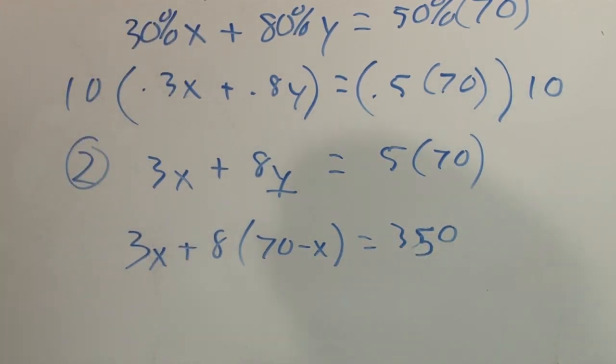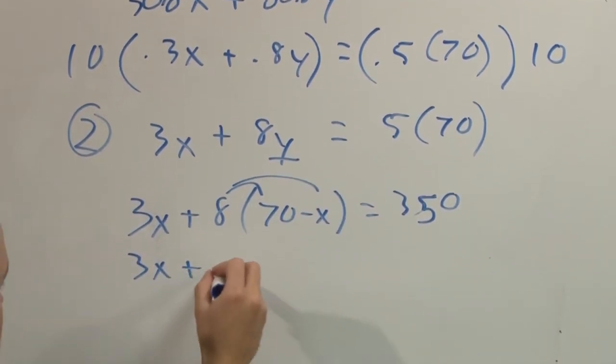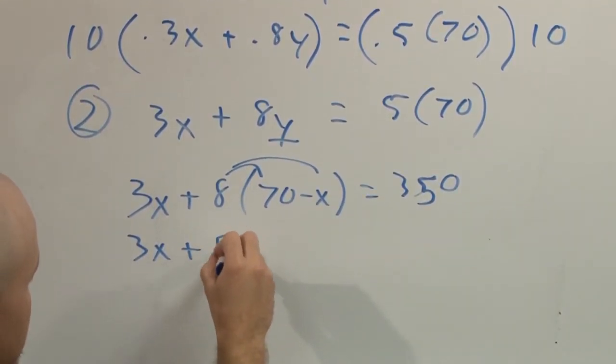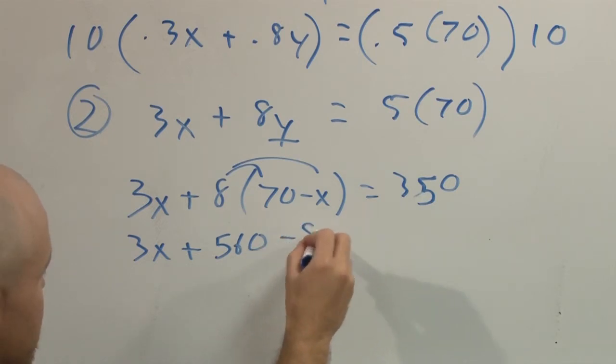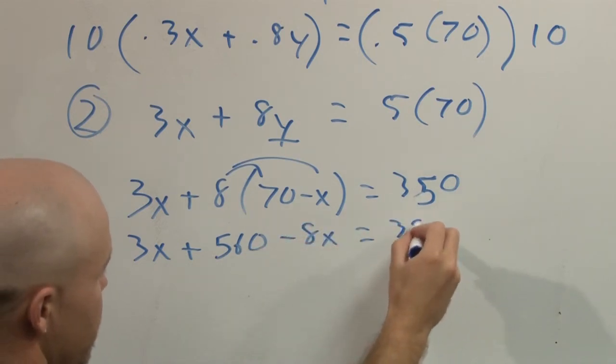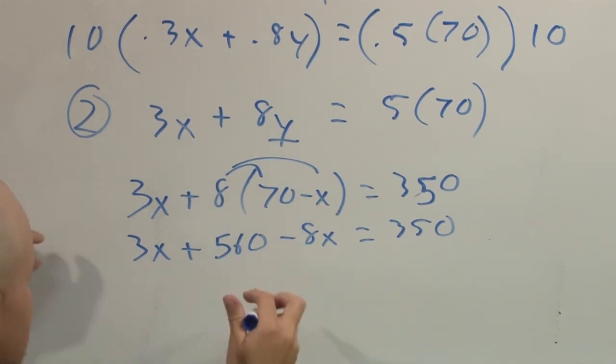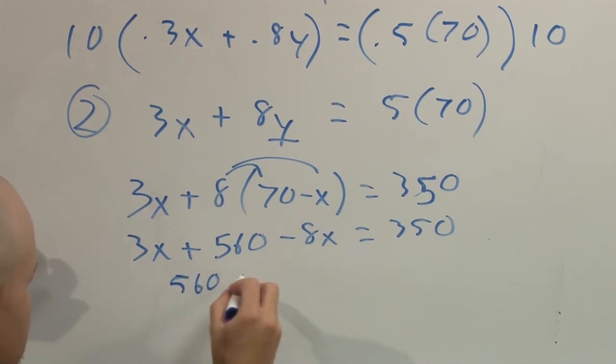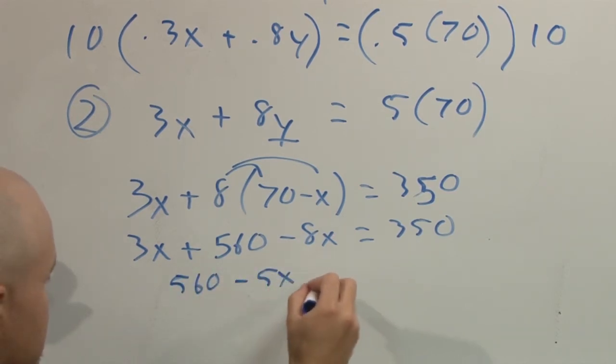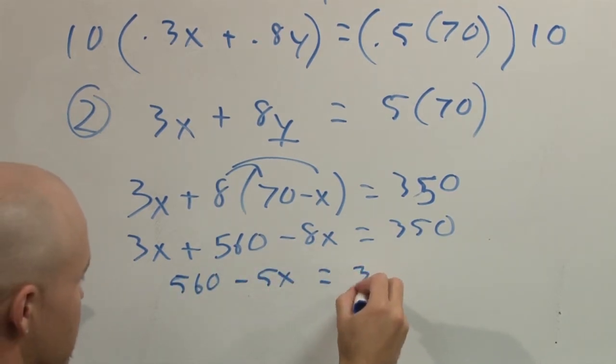Okay, and then solving for x, we need to do a distributive property here. So we have 3x plus 560 minus 8x equals 350. Now let's see if we were to combine some of this stuff. So what I'm going to do is add the x's on this side to keep everything positive. So if we add, we're going to combine these x's. This gives us 560 minus 5x equals 350.